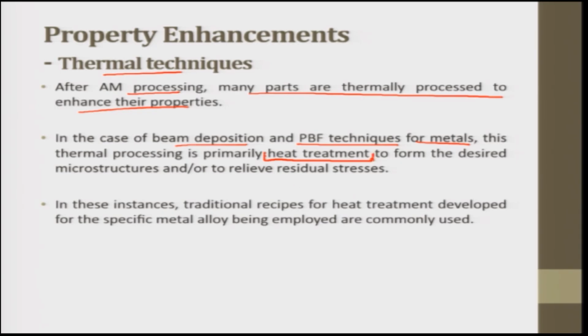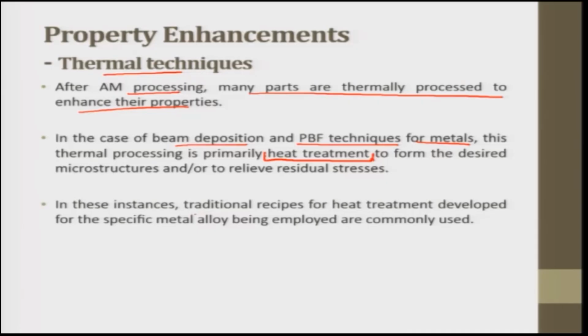So heat treatment is an important post-processing technique that enhances the properties. That is, it develops better microstructures specific to the application that we need. Then it also helps to relieve the residual stresses.